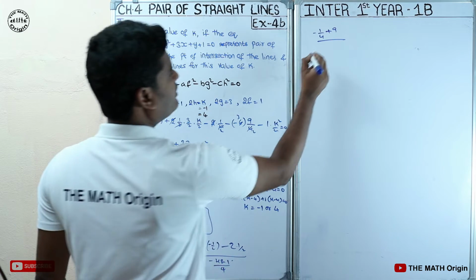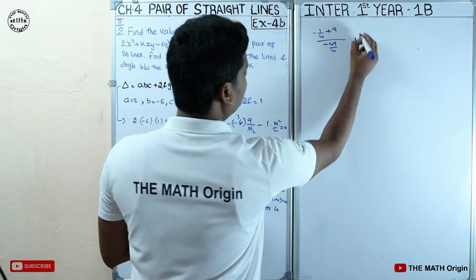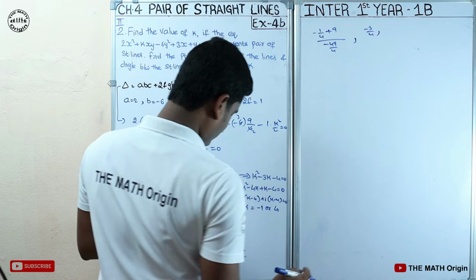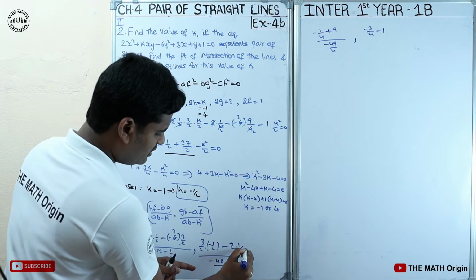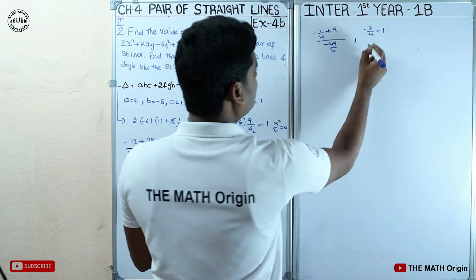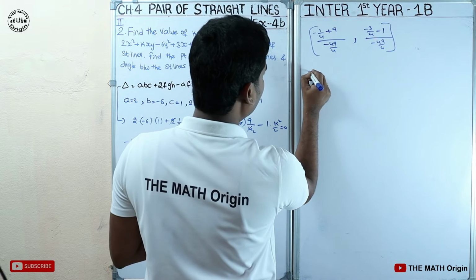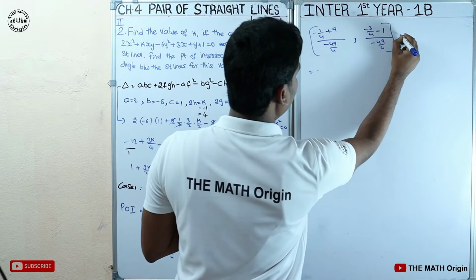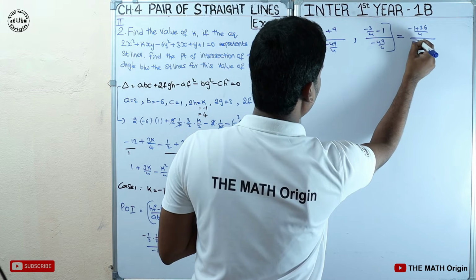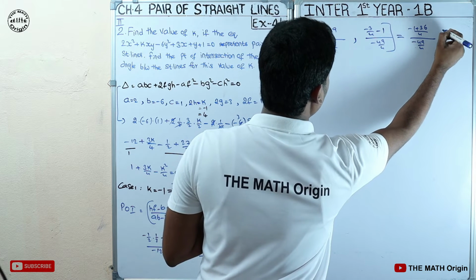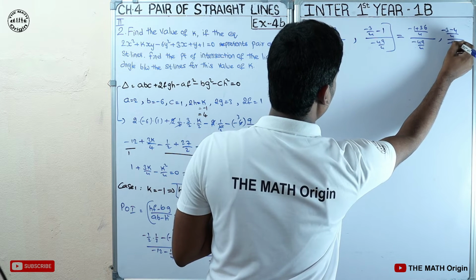The value is -49/4, comma, here the value is -3/4, sorry, -3/4 minus 1, here 2 will be cancelled, -1, whole divided by -49/4. Therefore the value is -1 plus 4 9s are 36/4, whole divided by -49/4, comma, -3 -4/4 whole divided by -49/4.